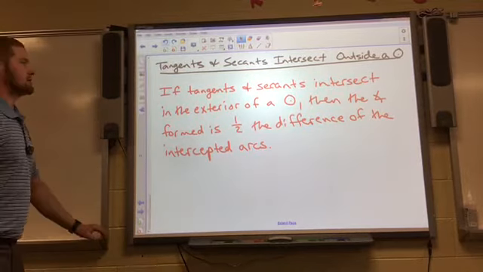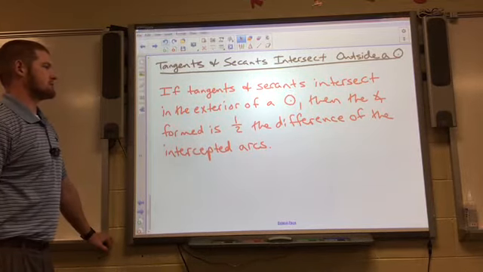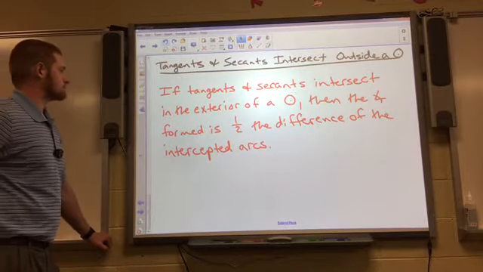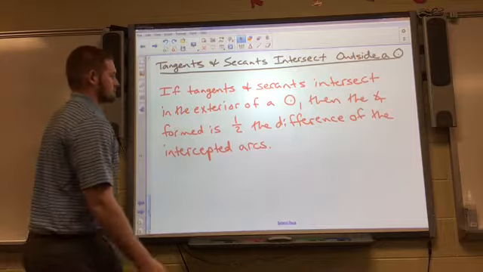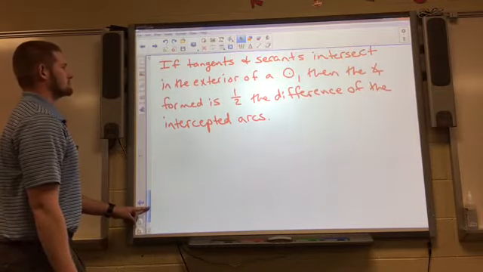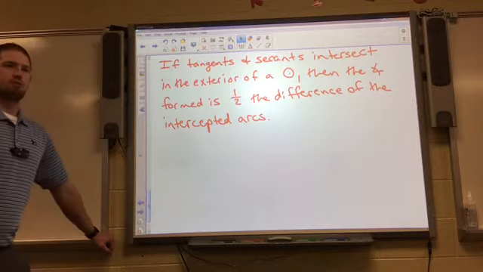If tangents and secants intersect in the exterior of a circle, then the angle formed is 1/2 the difference of the intercepted arcs. What would some important words out of this one be?